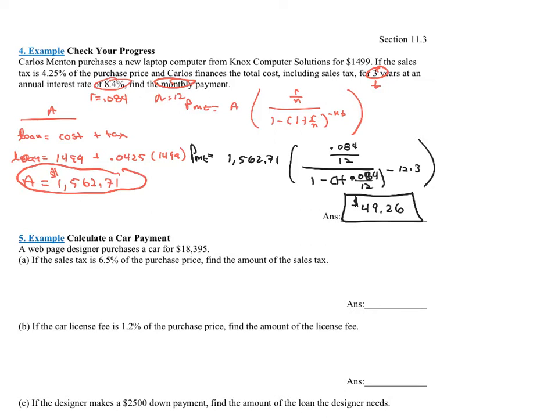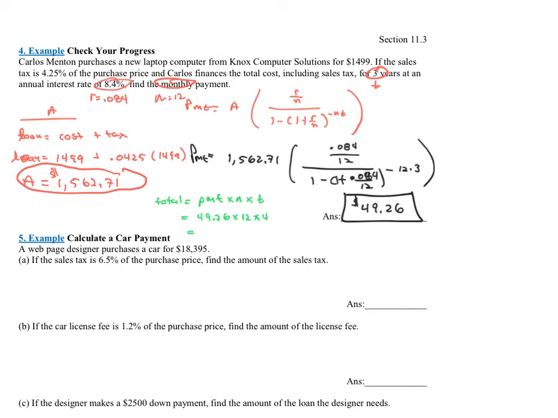Let's just, again, step back and see how much the total is that they actually paid for that. So the total paid is going to be the payment times the number of times they made it per year for the number of years. I just want to check if my answer is even reasonable. Okay, so if I do $49.26, I make that 12 times a year and I do that for 3 years, how much do I end up with?